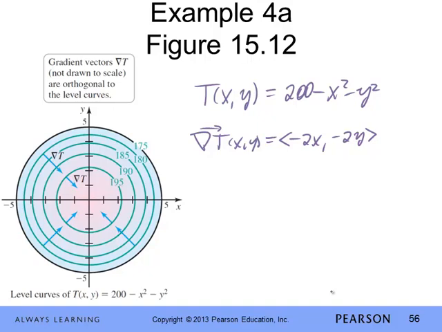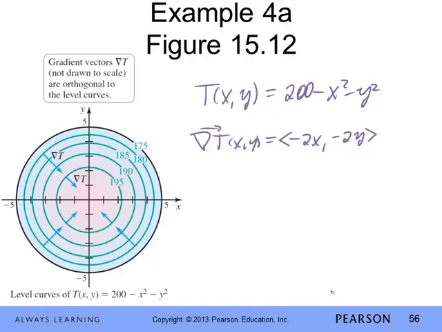Which should not be a surprise, for 2 reasons. Number one, we know that the gradient always points in the direction of steepest increase of the function. So they're all going to be pointing toward the hottest point in the plate in the most direct fashion, which is the center of the plate.